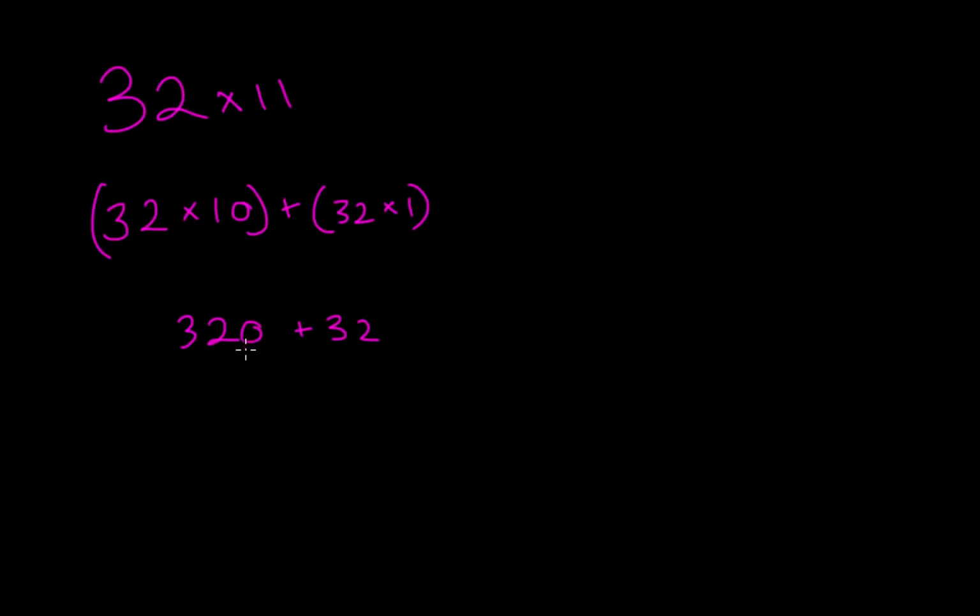The key here is realizing that, wait one second, I'm going to change my color. Okay, so this digit here is 0, meaning that the ones digit just has to be 2, because there is no other ones digit. There is no other value you have to add to that, because 2 is the only ones digit to add. So the last digit would be 2.